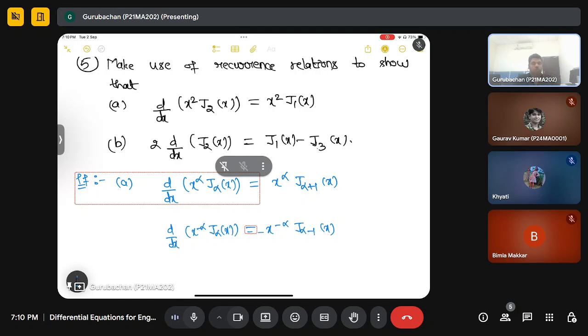So these two relations you know. So you have to make use of these two relations in some sense to get to the following result. I have given you one hint. Let yourself try once more.